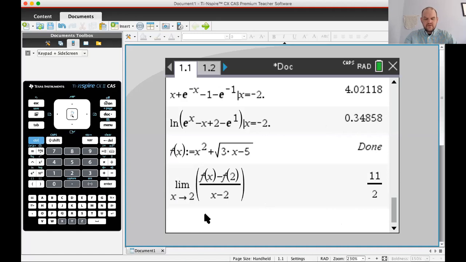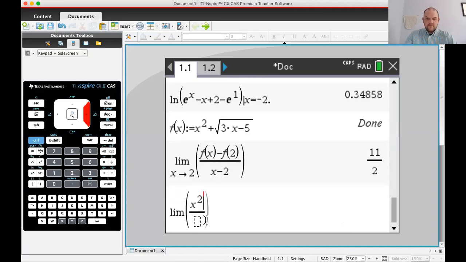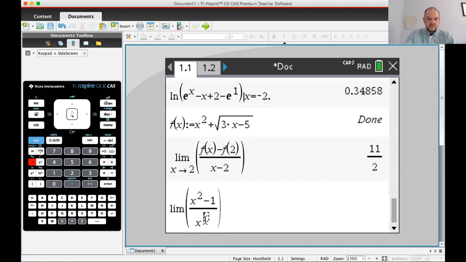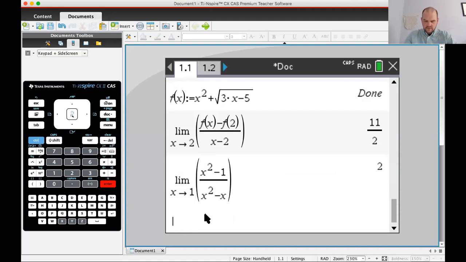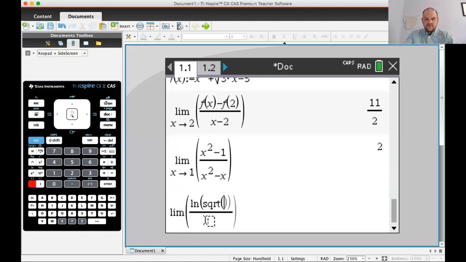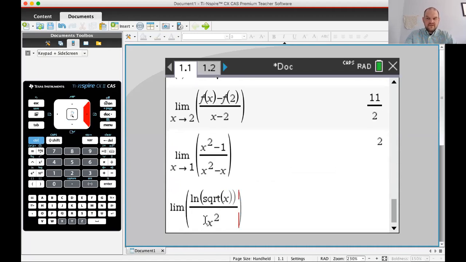But let's see. I want to do the limit of x squared minus 1 over x squared minus x, comma x, comma 1. 2, that's what we got. I want to do the limit, natural log, square root of x. For this one, it's a question of whether our work is good enough, because we definitely know logs grow slower than polynomials.